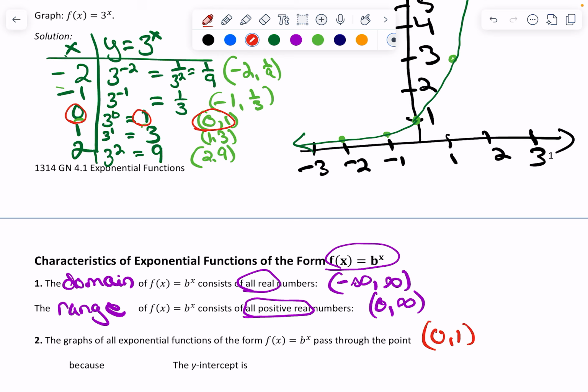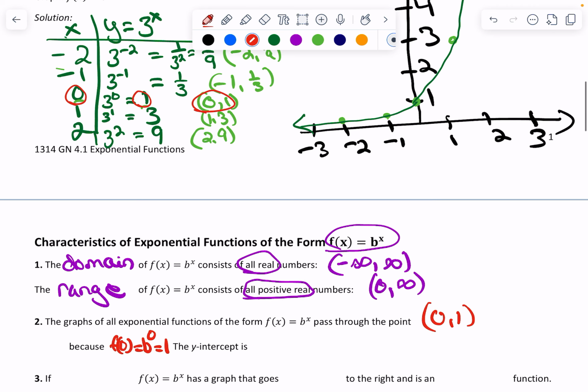That is because it does not matter what exponential function it is or what the base number is. Any number to the power of 0 is going to equal 1. Now, b is not going to be 0. So the y-intercept is always 1.